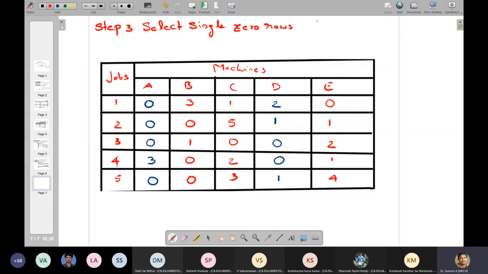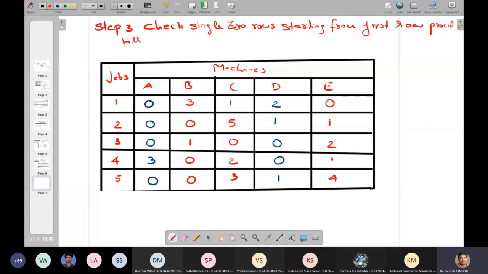First check single zero rows, starting from the first row and proceeding till the last row.